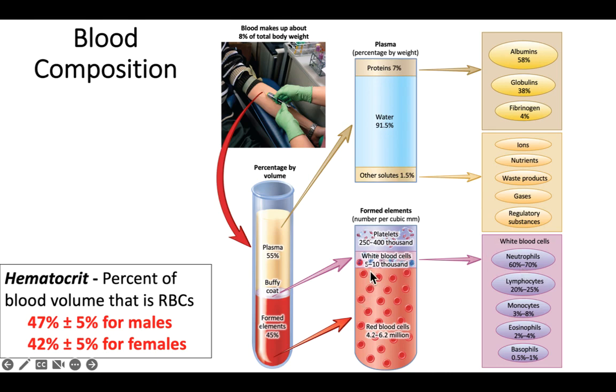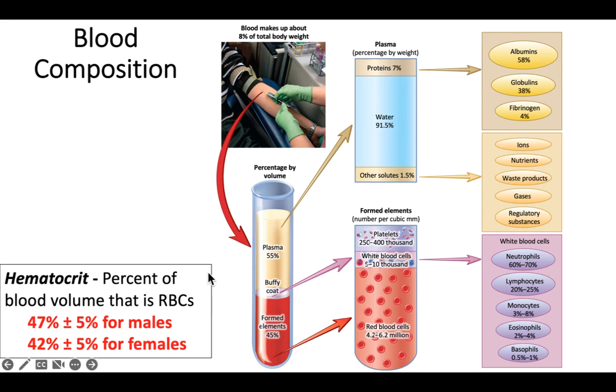So this gives you a layout of where we're going. We're taking what we call whole blood, 8% of your body weight, and we're trying to separate it out into its individual components and then learning what those components do. All right? And what we typically start with are the red blood cells.